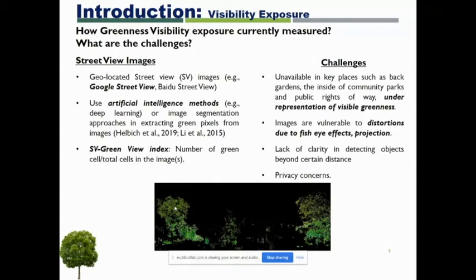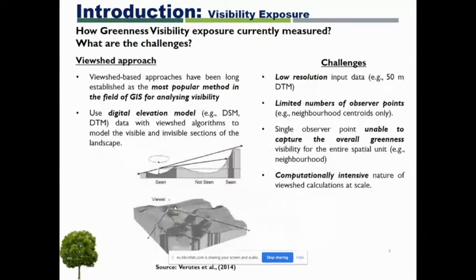These images are also vulnerable to distortion due to the fisheye effect, because these are wide angle cameras. There's distortion in how many pixels an object takes up depending on where it is relative to the camera and the projection system used. Lack of clarity is another issue in detecting objects at a distance threshold. A few studies indicate this limitation. And we also have privacy concerns.